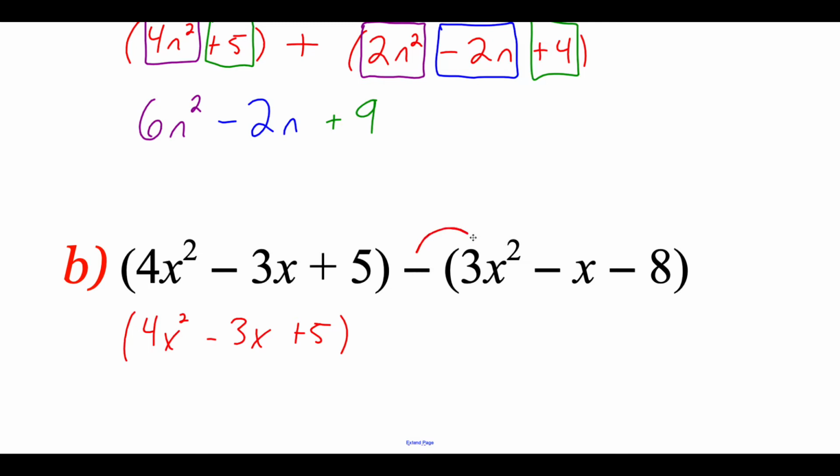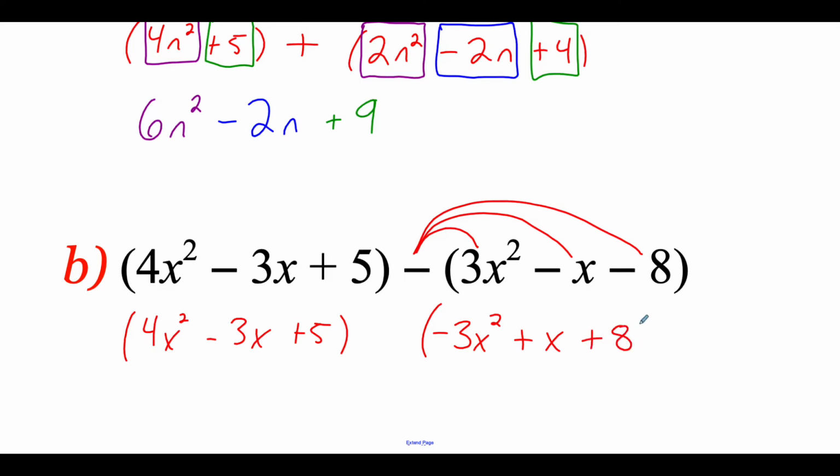So taking this negative times the positive 3x squared turns that into a negative 3x squared. Taking the negative times the negative x, double negative turns that into a plus x. And the negative times the negative 8, again, double negative turns that into a positive, so that becomes a plus 8. Now, when we distribute that negative in, that turns into addition between these.